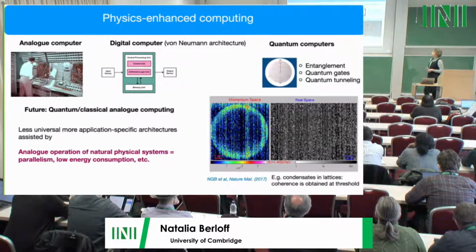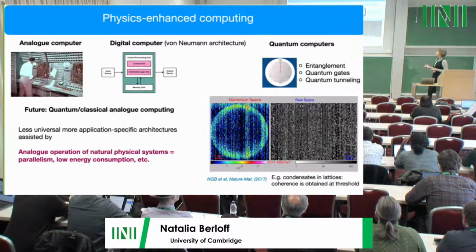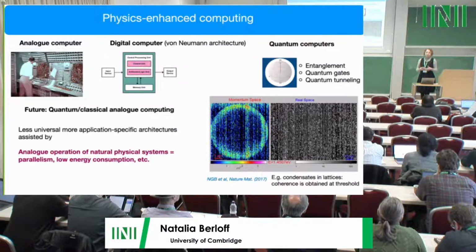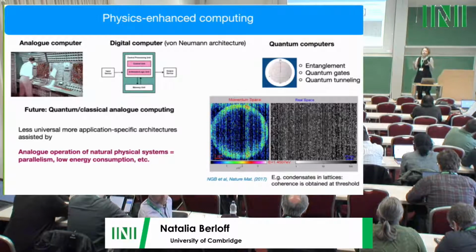But of course, the world changed with the advent of the digital computer based on von Neumann architecture, which was then followed by the intriguing and fascinating idea of using quantum computers to represent quantum gates, exploit entanglement, or perhaps quantum tunneling. But in roughly the last 7 to 10 years, an alternative path has emerged, revisiting the idea of using analog computing.